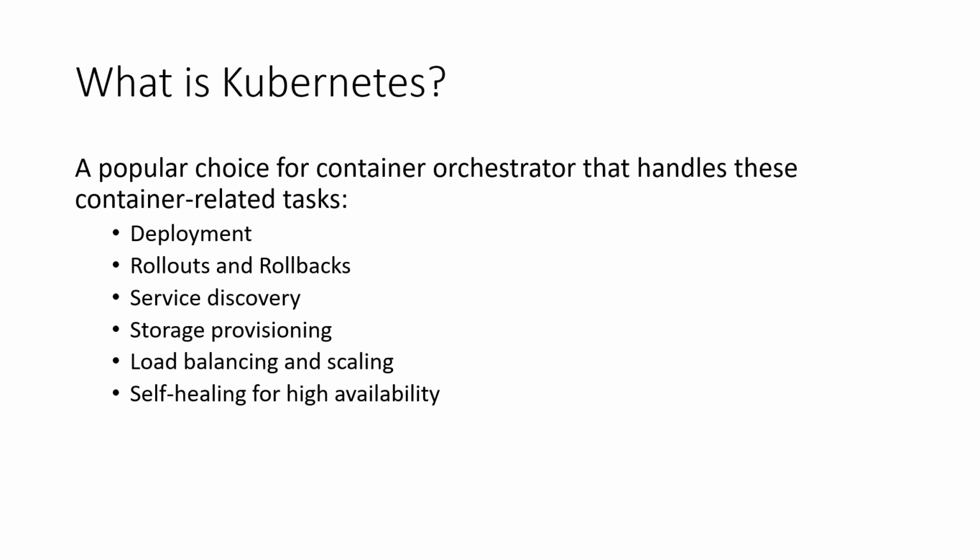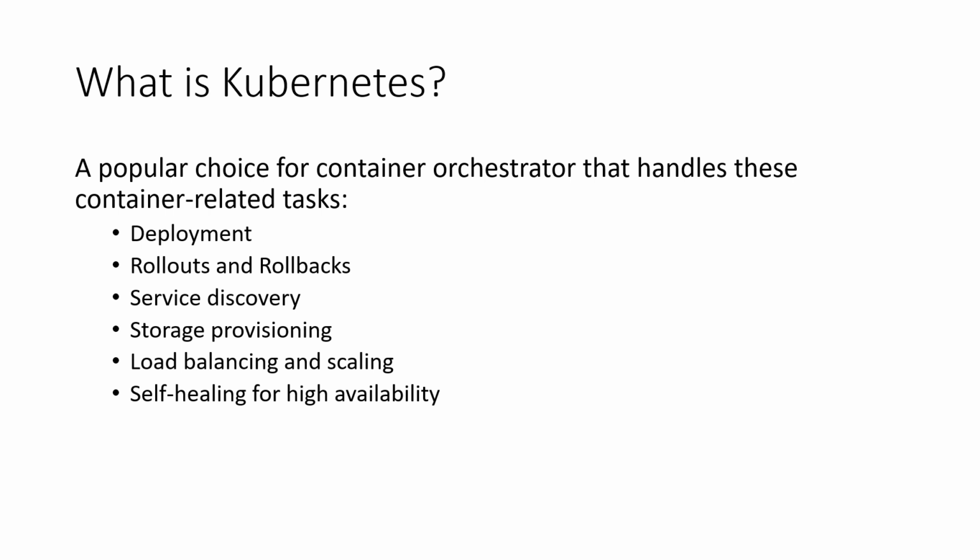The next one is service discovery. Kubernetes can automatically expose a container to the internet or to other containers using DNS names or IP addresses, which means your service is not just hosted within itself, but also widely available. In terms of storage provisioning, you can set Kubernetes to mount persistent local or cloud storage for your container requirements.